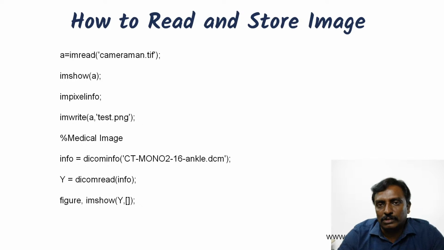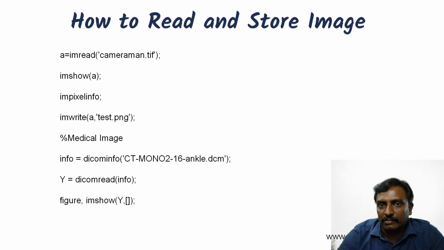And dicominfo is used to get the information about the DCM file. DCM is the file format which is used for medical imaging. Usually the other images like the TIFF format and the PNG format are stored in 8-bit format. Every pixel will be represented in terms of 8 bits, whereas the DCM file format will be represented in terms of 16 bits. The pixel will be represented in 16 bits of data.